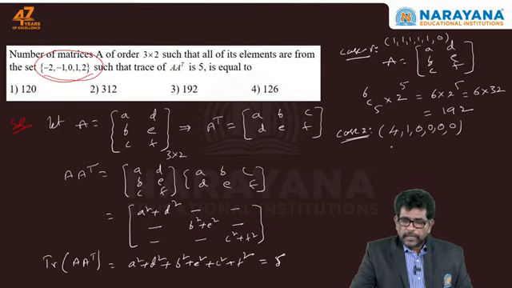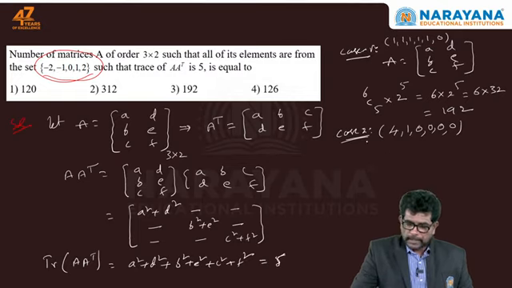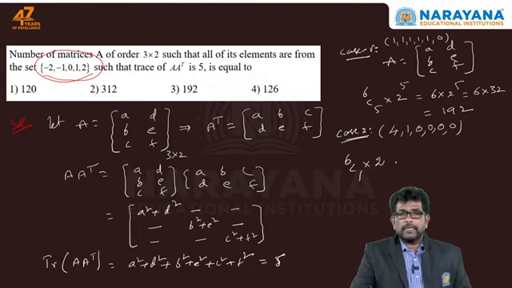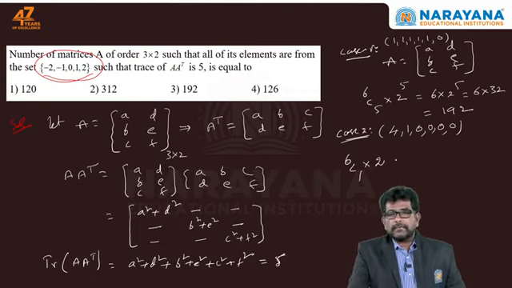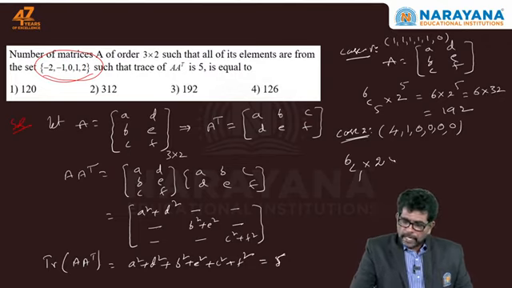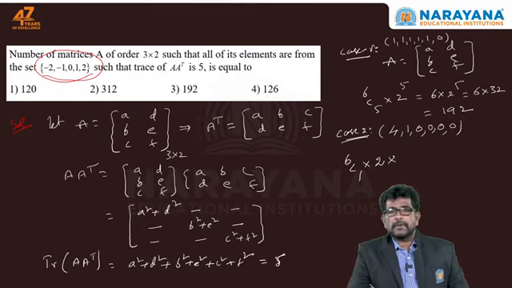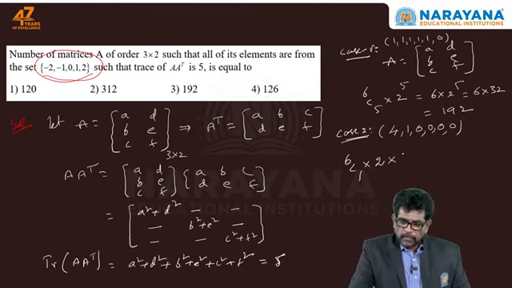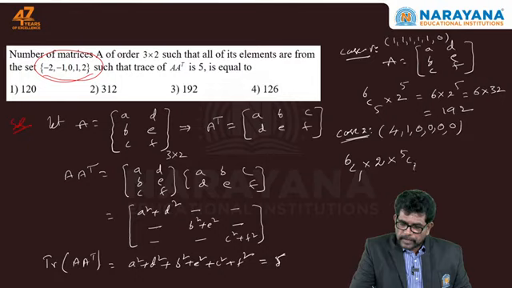First we choose one place out of 6. That can be done in 6C1 ways and it can be filled in 2 ways, either plus 2 or minus 2. Next, to get the one, from the remaining 5 places I choose one place in 5C1 ways and it can be filled with either 1 or -1, that is, in 2 ways.